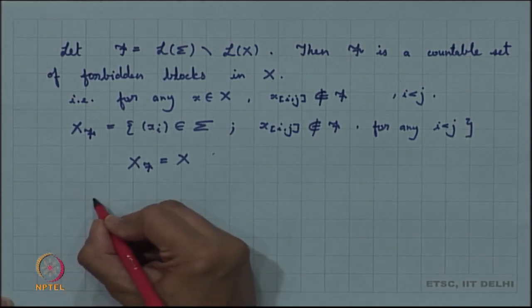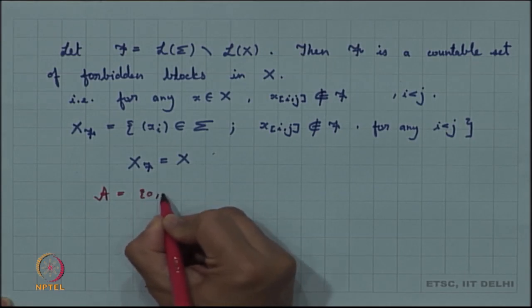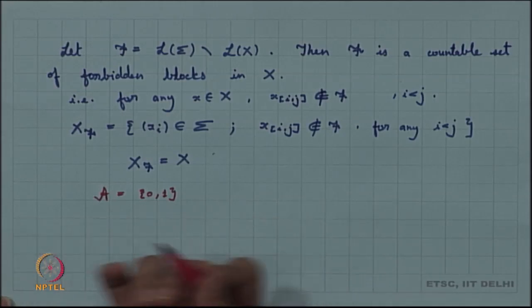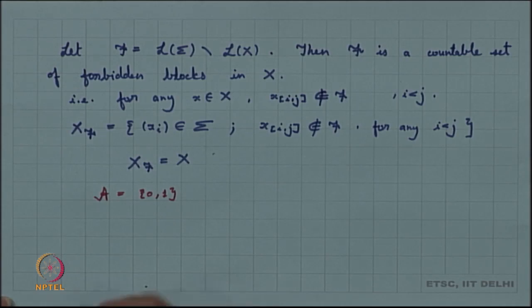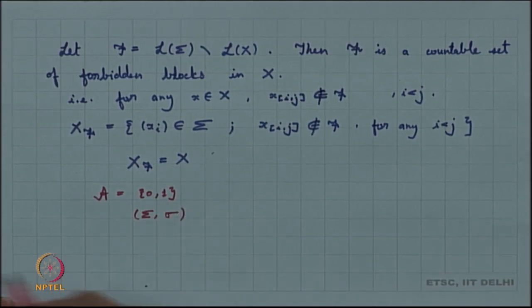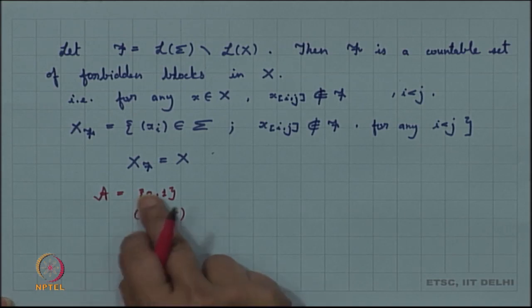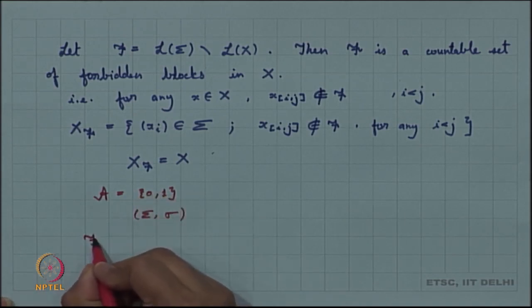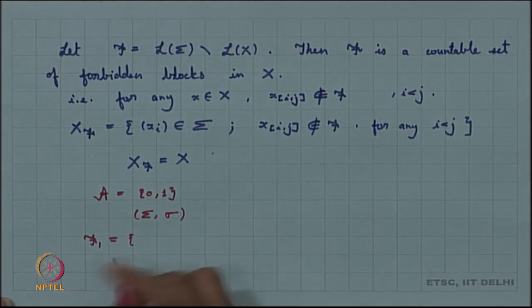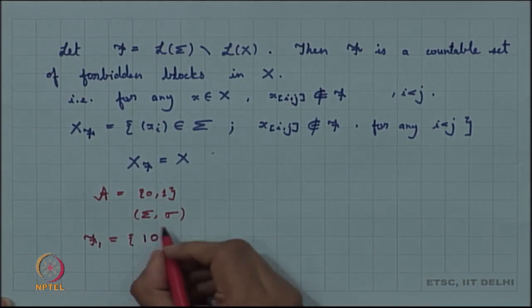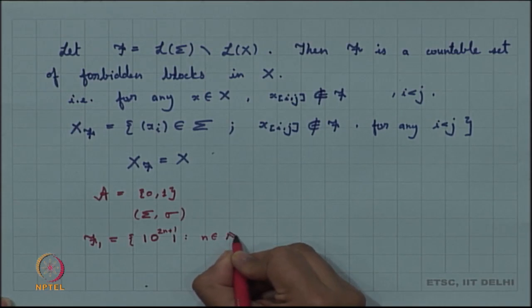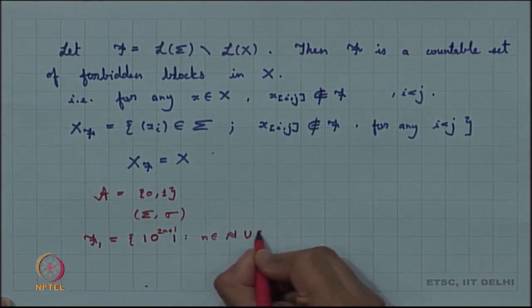So we think of our alphabet set A to be equal to 0, 1, and we could think of it in terms of Z or in terms of N. I am only looking into my system sigma, and here now I am defining two sets of words in A. So the first set of words which I define here is F1, and I think of F1 to be all such words such that, let me take 0 also here.